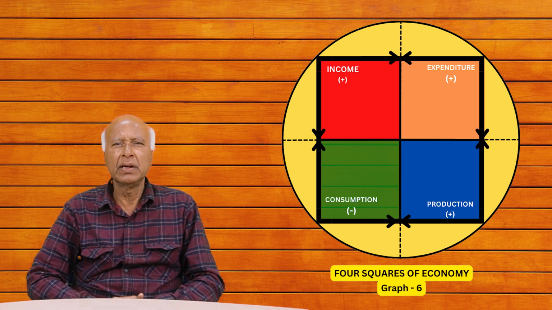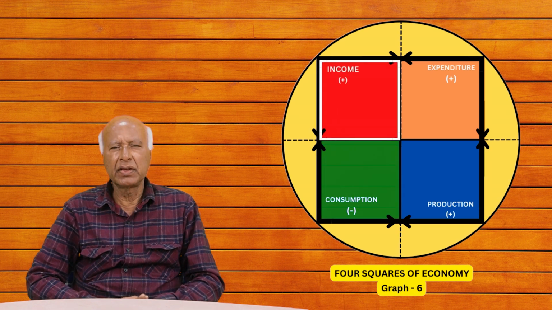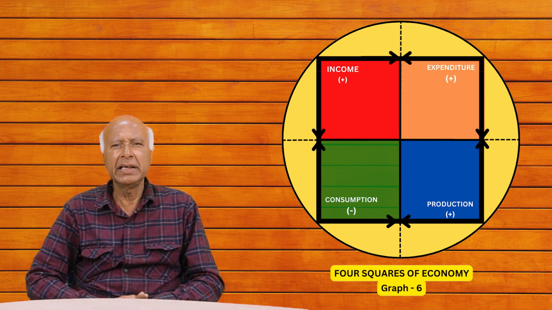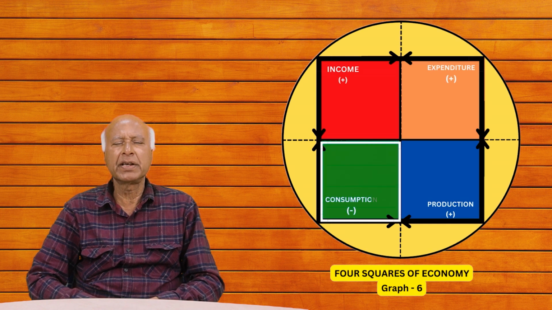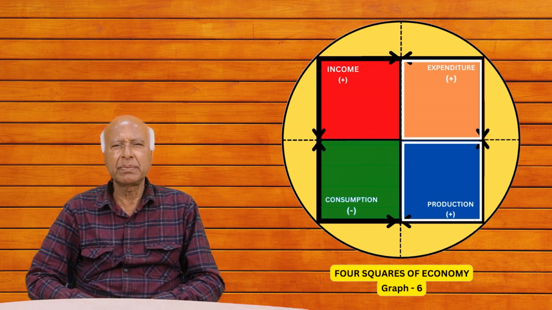For example, one pole that belongs to income, the square related to it will illustrate the size of that square. Similarly, if a square is on the pole of consumption, it will denote the strength of consumption. Similarly, production and expenditure.